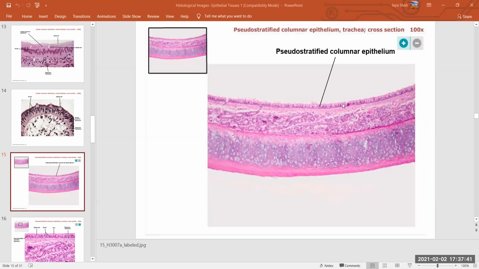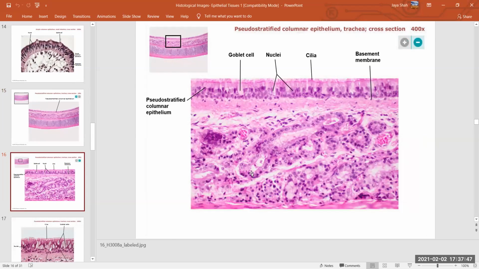So let's magnify. See here, there is the basement membrane here, then the columnar cells. Some of them are goblet cells, these white cells here. And then you see cilia, longer cilia, and a lot of mucus.